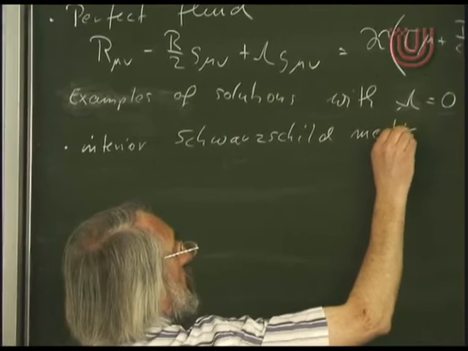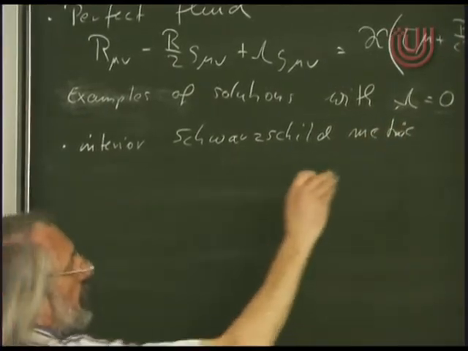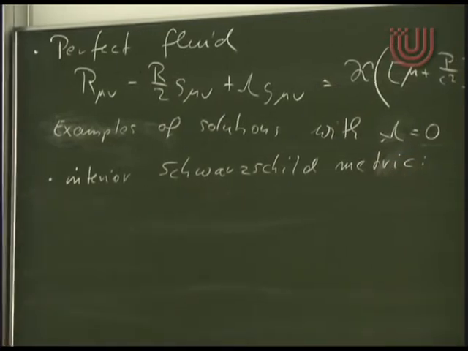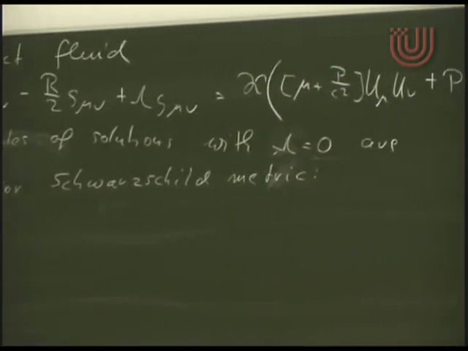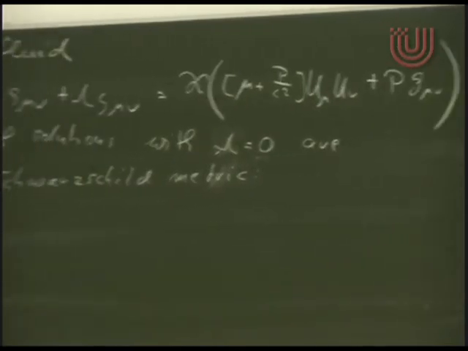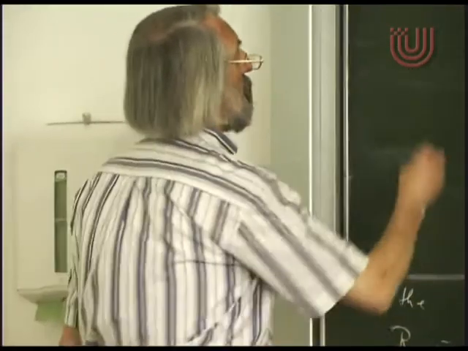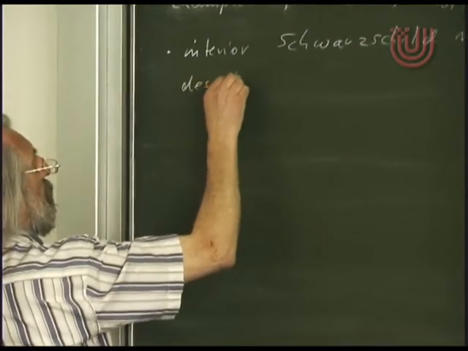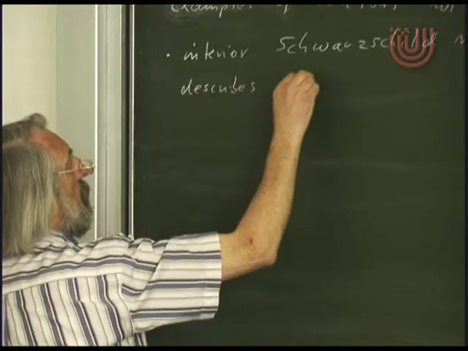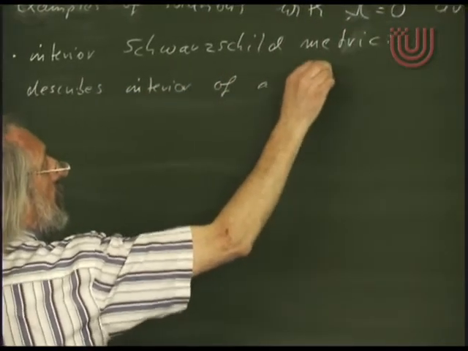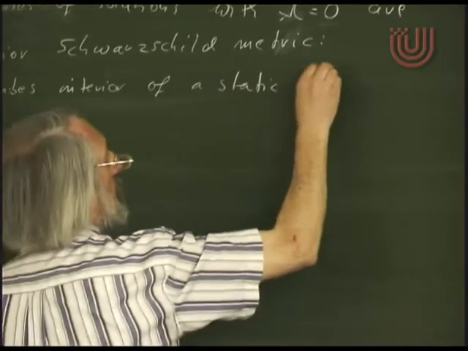So that was a solution which was also found by Karl Schwarzschild very briefly after he had found the solution for the exterior. So that would be a metric which describes the interior of a static star.